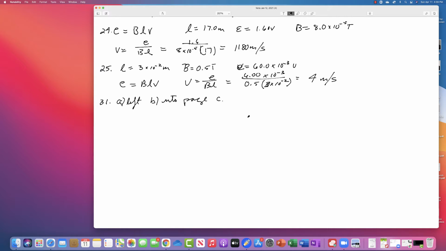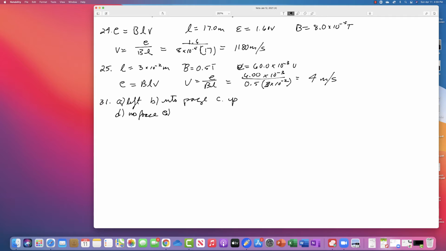C, the fingers are going into the page. The direction of the current is to the right, and so your palm is up. And so the answer to C is up. D, they're not perpendicular, and therefore there's no force.